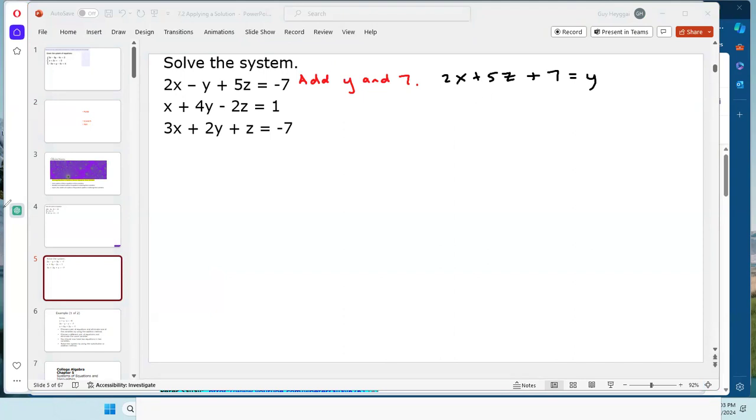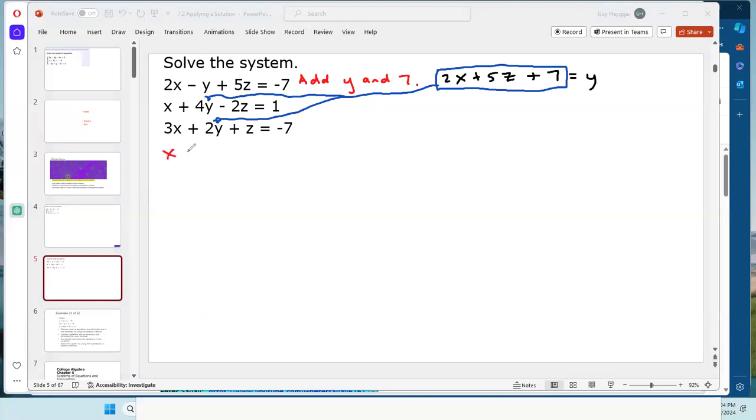And then we're going to substitute that whole thing in for y in the other two equations, which is going to reduce our 3x3 system to a 2x2 system, which of course is always the goal when you're solving 3x3s.